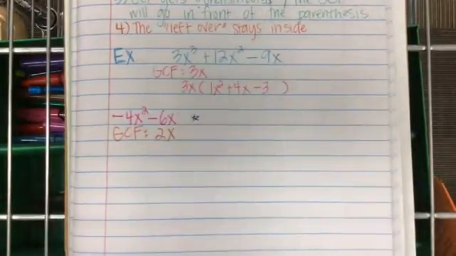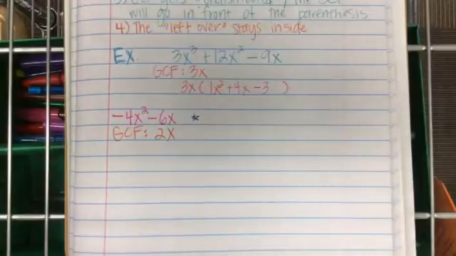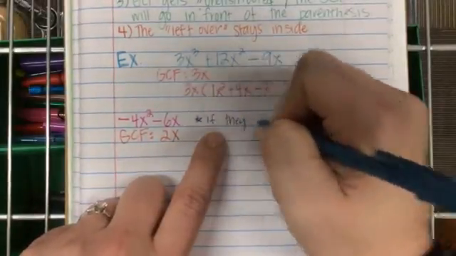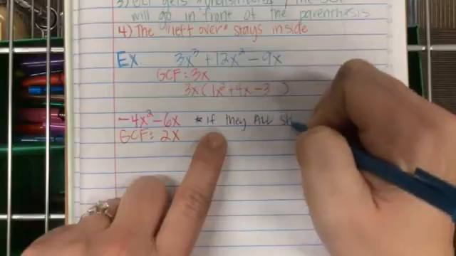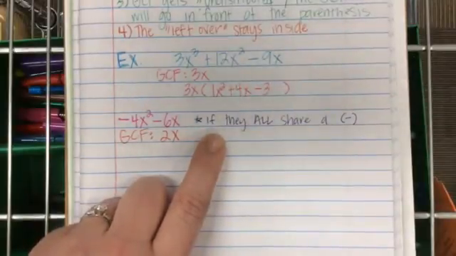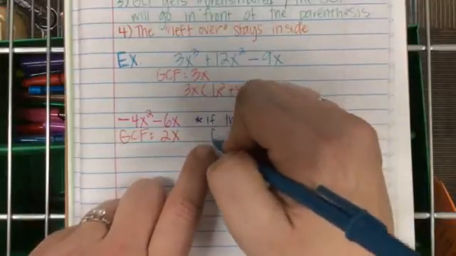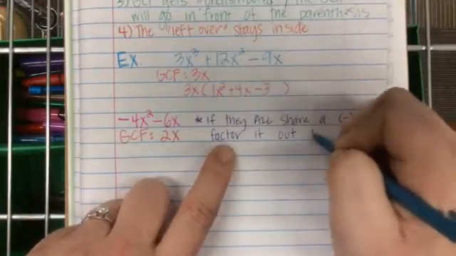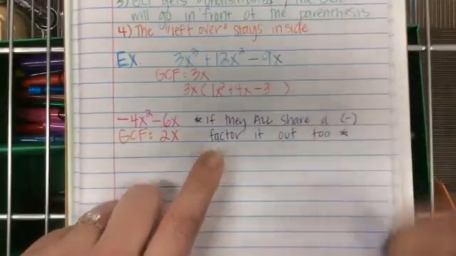Even though greatest common factor stands for biggest common factor, if they all share a negative, factor it out too.